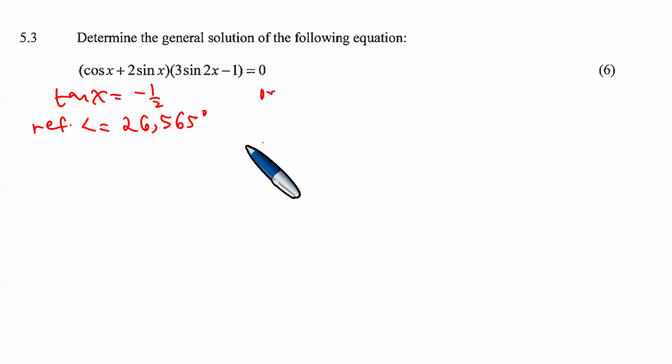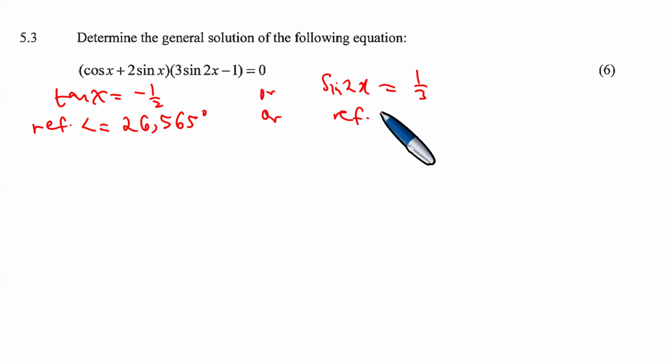Or we also get the sine of 2x equals 1/3, where the reference angle is 19.471 degrees.